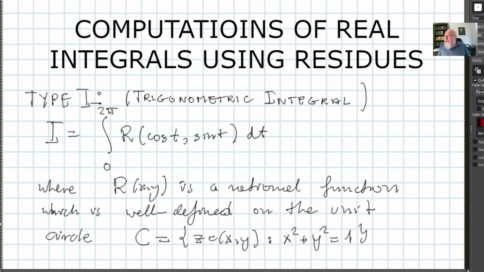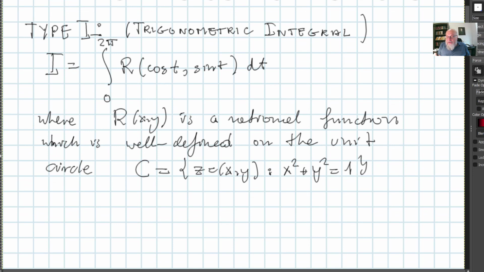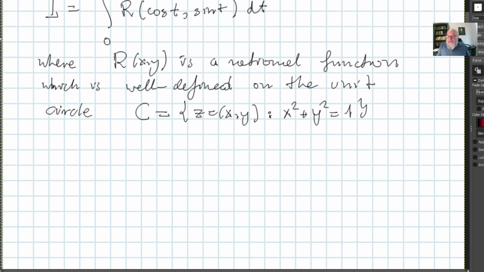So exactly that's the unit circle. That's the same circle that we have seen before.